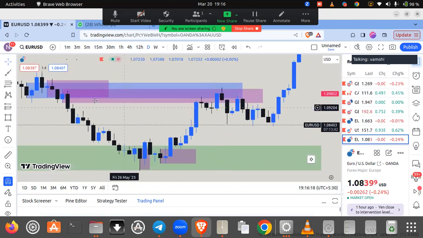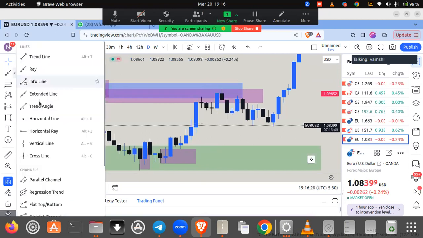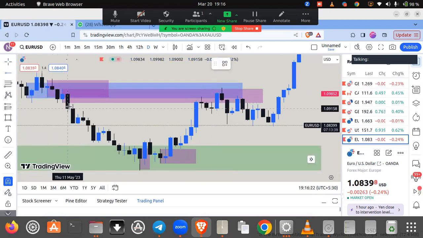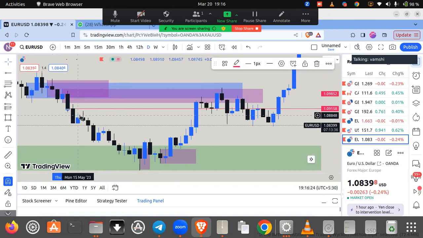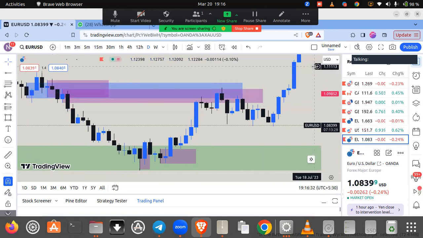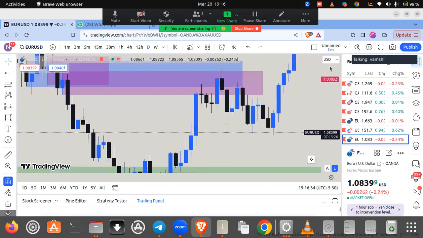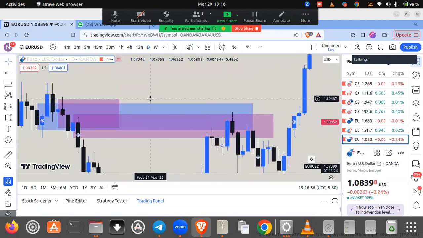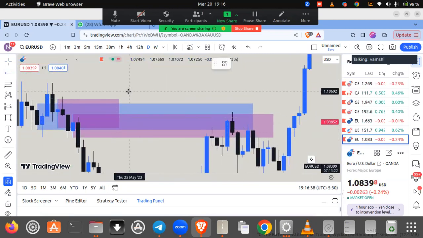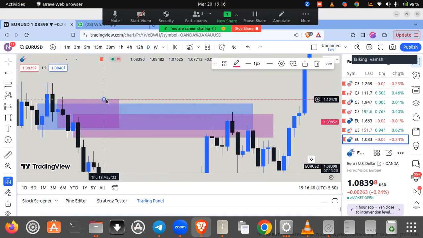Here you could have taken trade either here after formation of C, or you could have waited for retest at this level. Either way, you would have gotten profits. And your stop loss will be 10 pips above the A zone.